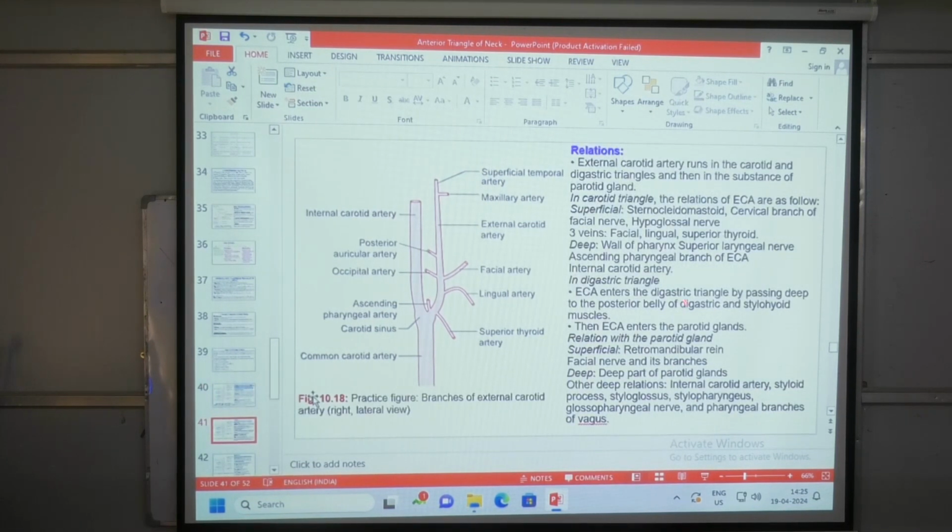What is the relation? The external carotid artery runs in the carotid and digastric triangles and then in the substance of the parotid gland. In the carotid triangle, the superficial and deep relations of the external carotid are important. Superficially, this is the common carotid, dividing at this level.